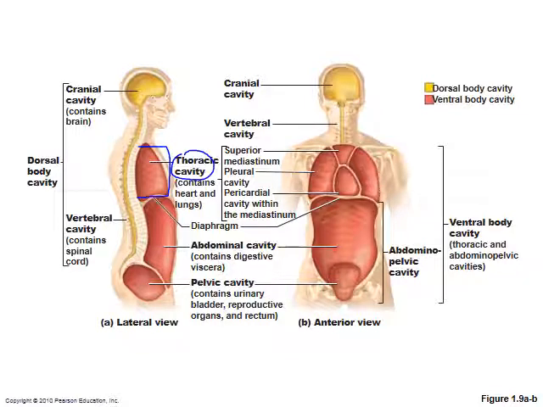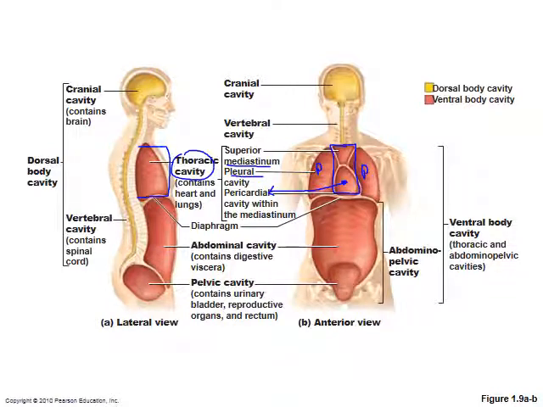They've broken it down into superior mediastinum, and down here they have pericardial within the mediastinum. All of this middle sternum or mediastinum includes this top section here and this bottom section, but this section down here is called pericardial.